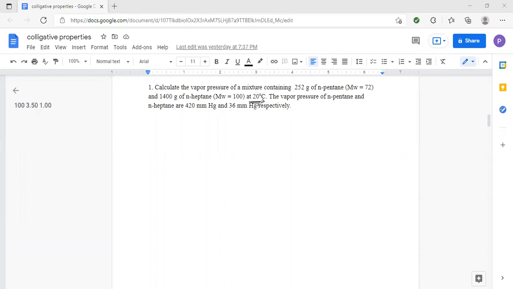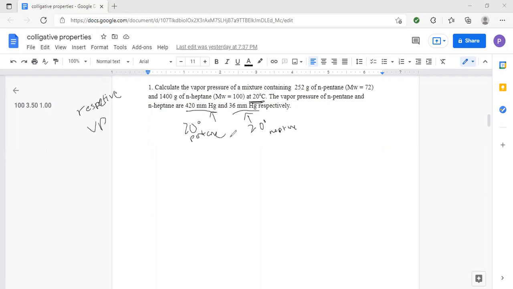So we know that constant temperature is going to have a respective vapor pressure assigned to it for each. And what do you know? Here it says 420 mmHg for pentane at 20 degrees Celsius, this is where this guy is, and 36 mmHg at 20 degrees Celsius, this is where heptane is.